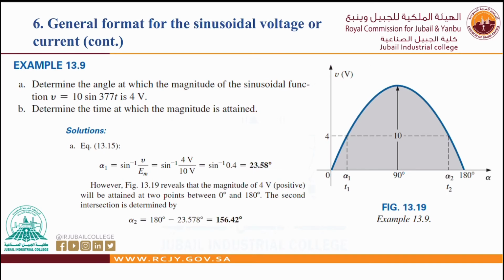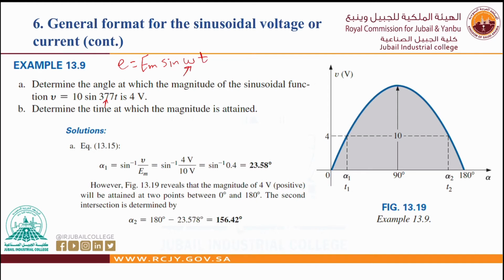Example 13.9. Determine the angle at which the magnitude of the sinusoidal function v equals 10 sine 377t. The 377 is the omega, as in the general formula, E equals EM sine omega t.